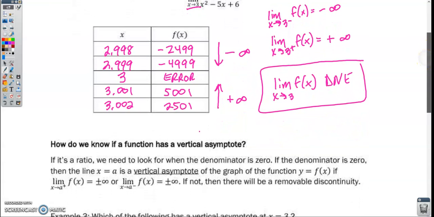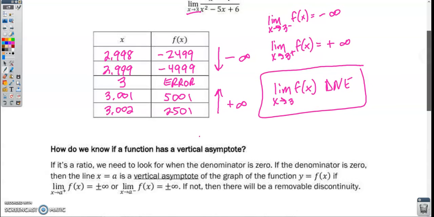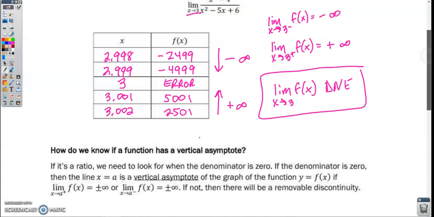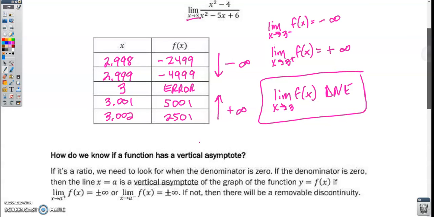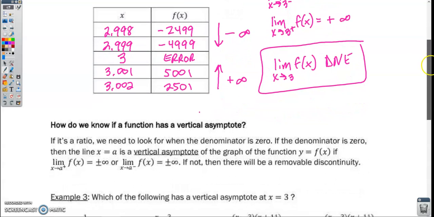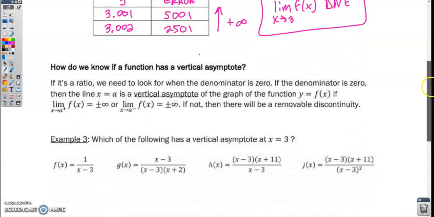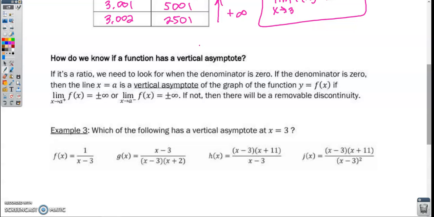The next thing we're going to talk about in this particular lesson is the concept of the vertical asymptote or infinite discontinuity. And we start with this question: how do we know if a function has a vertical asymptote? And it says here, if it's a ratio, we need to look for when the denominator is 0.